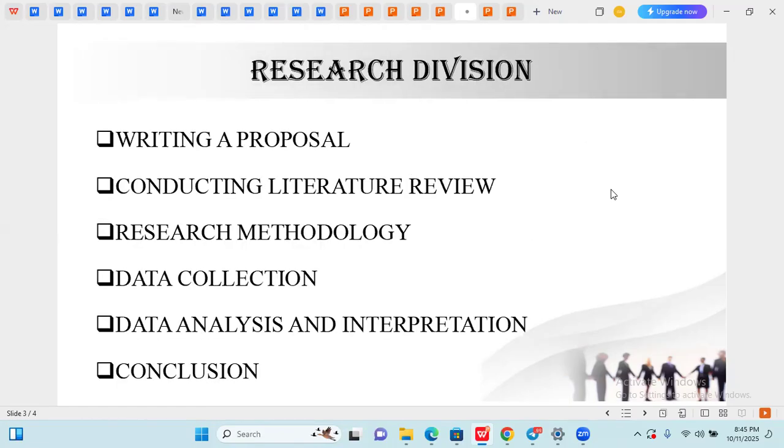Now, research divisions. Okay, the first is writing a proposal. If you want to embark on a master's or PhD research, your proposal must be sound.